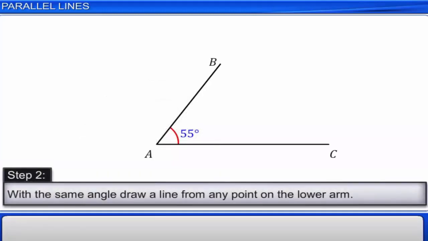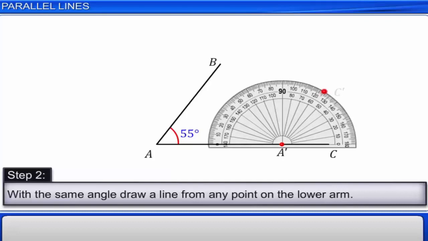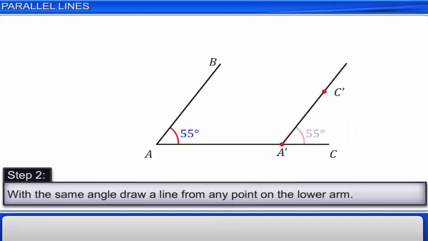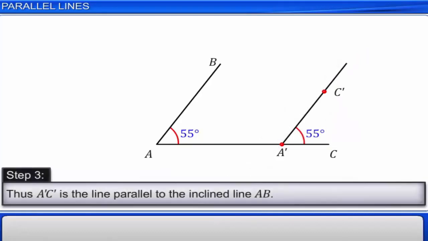Now, with the same measurement, draw a line A'-C' as shown. Therefore, the line A'-C' is the line which is parallel to AB.